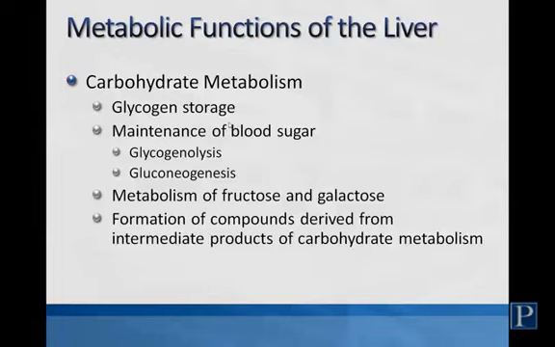If your blood sugar drops, you can break down the glycogen in the liver. You can make glucose from scratch, gluconeogenesis. It's a major location for metabolism of fructose and galactose, your other monosaccharides. So the liver does a lot with carbohydrate metabolism.